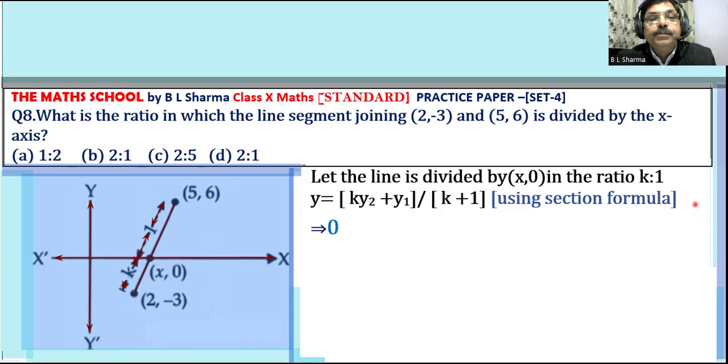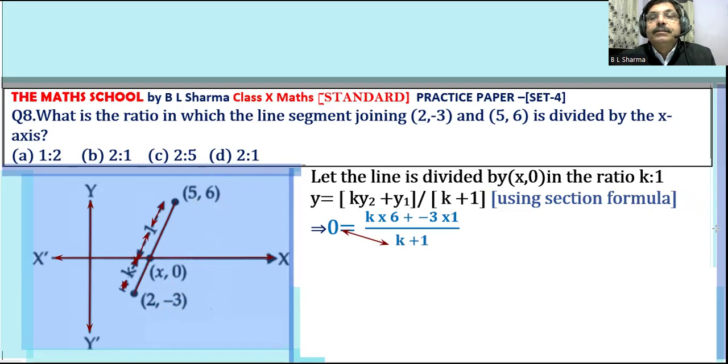Y put 0, k as it is, y2 is 6, and y1 is -3, divided by k plus 1. Now see that on cross multiplication, k plus 1 multiplied by 0 becomes 0.